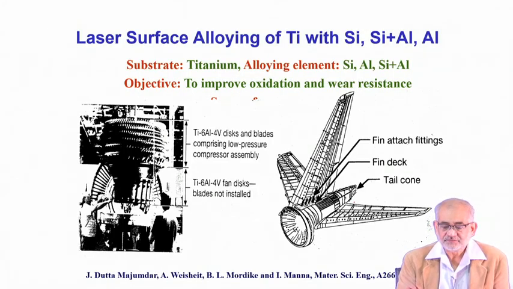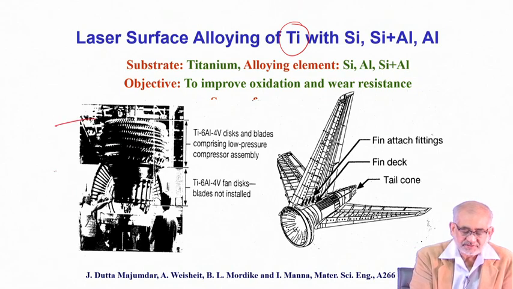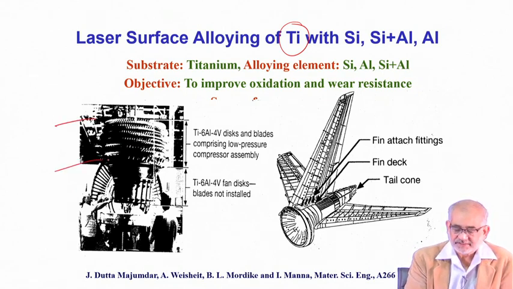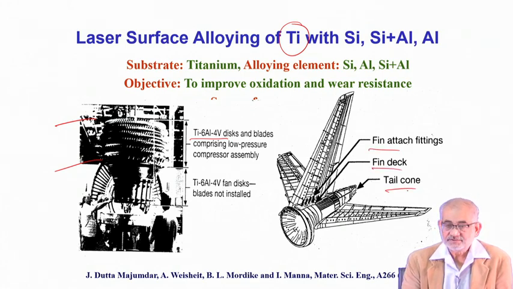The last example I want to take is concerning titanium again, but for a different cause altogether. This is typically the compressor part of the turbine blade. Titanium is a workhorse material, titanium alloy, alpha beta alloy, not only for the compressor part, say Ti6Al4V, but also for the fins or certain tail cones and some other parts of the aircraft.